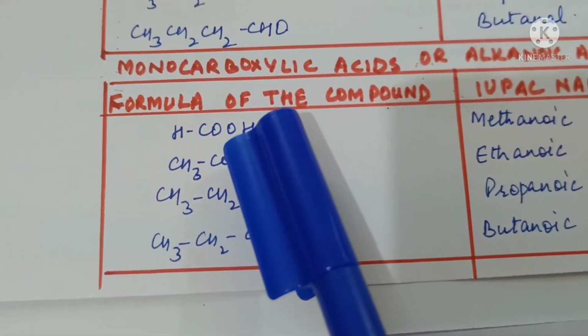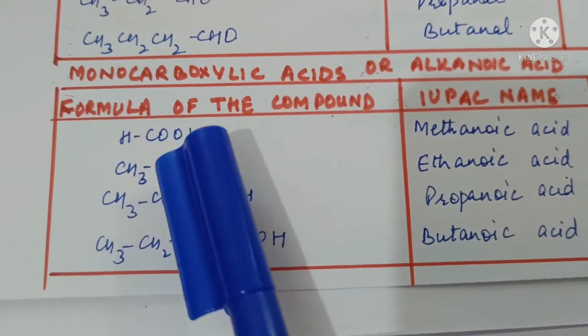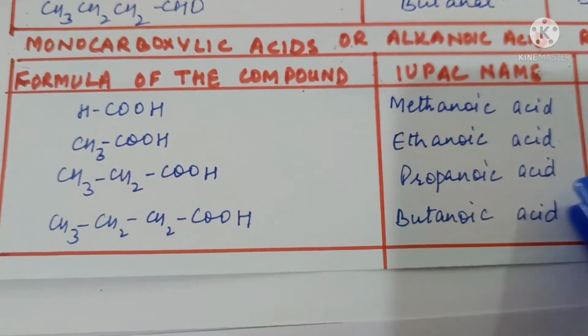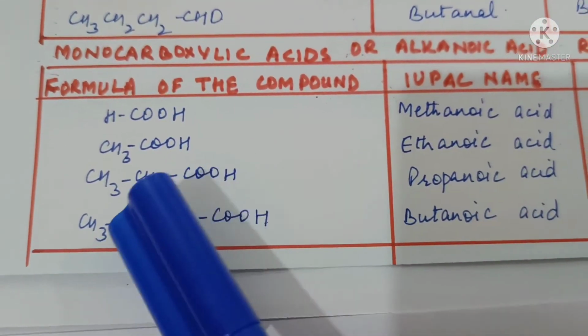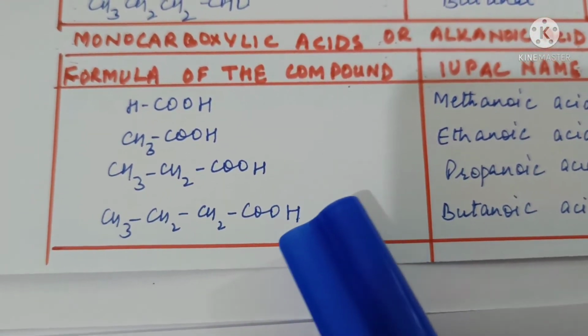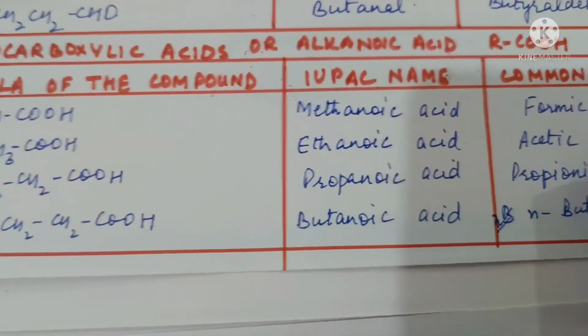For example, in this compound, the name will be for 1 carbon atom methanoic acid, for 2 ethanoic acid, for 3 propanoic acid, and for 4 carbon compound it will be called butanoic acid.